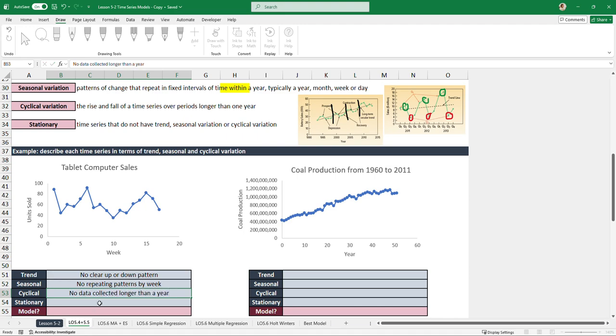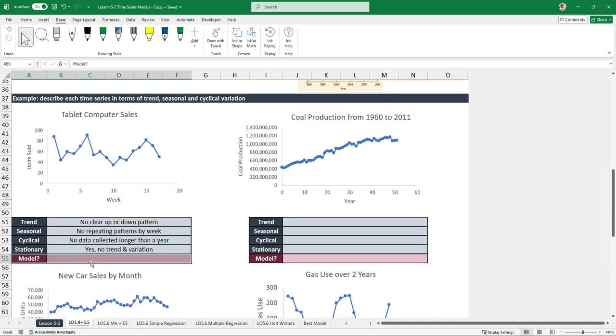So no cyclical variation. Since I have no clear trend, no seasonal, and no cyclical, I could call this stationary. We'll come back to this one on the type of model that's appropriate in a minute. For now, we're just identifying the patterns in the time series.